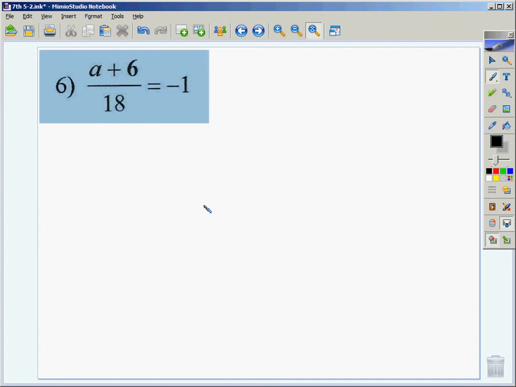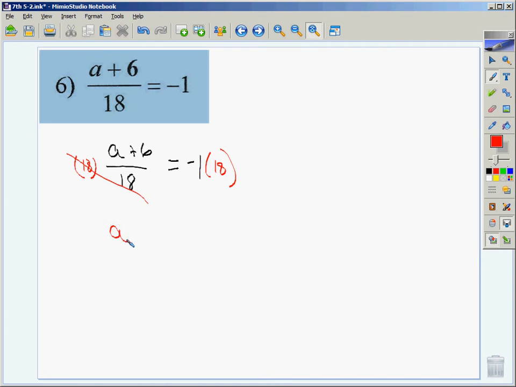Now we're going to skip to 6. What's happening to my variable again? It's being divided by 18. How do I get rid of division? What's going to happen to my 18s?